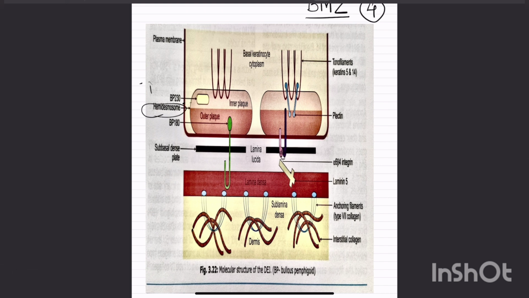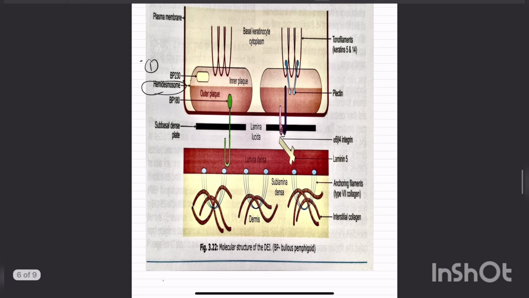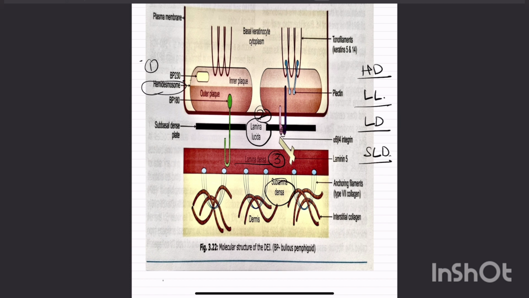Second layer is lamina lucida. Third is lamina densa. And fourth is sublamina densa. So we are asked about layers of dermoepidermal junction from top to bottom and corresponding molecular structures. Right?